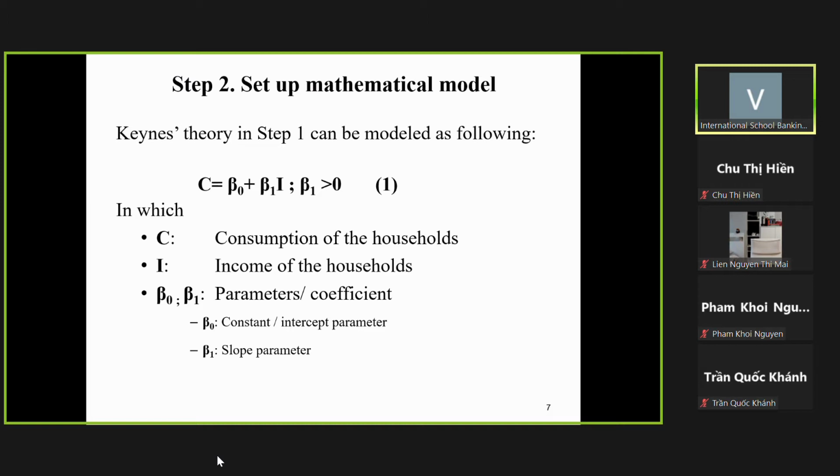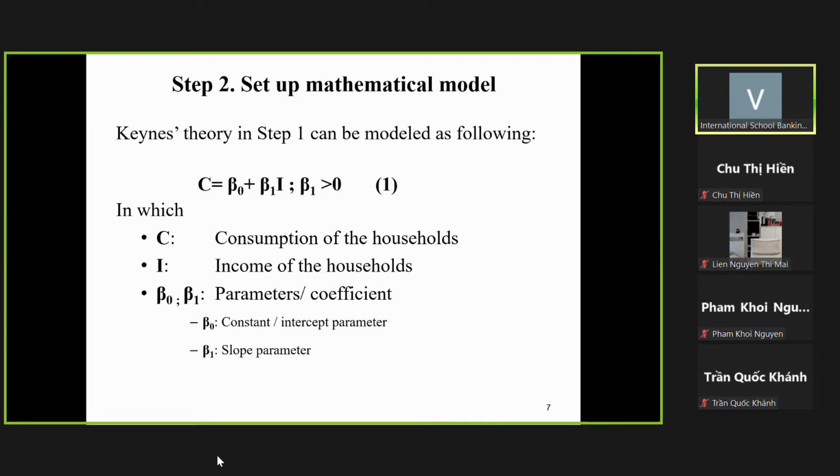But when you already master all the steps, you can skip step 2. That means you can jump from step 1 to step 3. But here I introduced step 2 because I want you to see the difference between the mathematics model and the econometrics model. So this is a mathematics model.